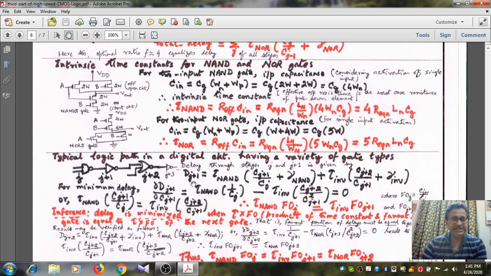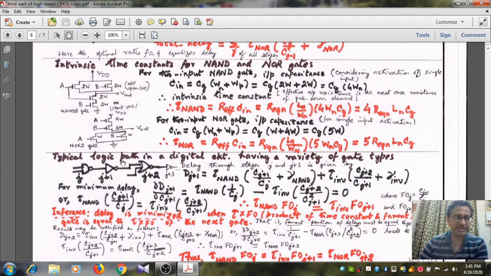Clear? So Dj plus 1 equals tau NAND multiplied by Cj plus 1 divided by Cj, that is the fan out ratio, plus gamma of the NAND gate. Gamma means it is the ratio of the self capacitance and the input capacitance. Clear? Plus in this second stage it is tau inverter, Cj plus 2 upon Cj plus 1, plus gamma inverter.